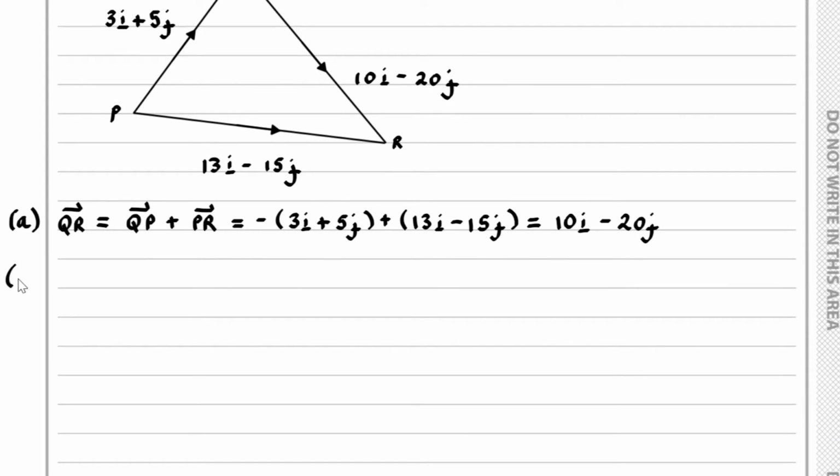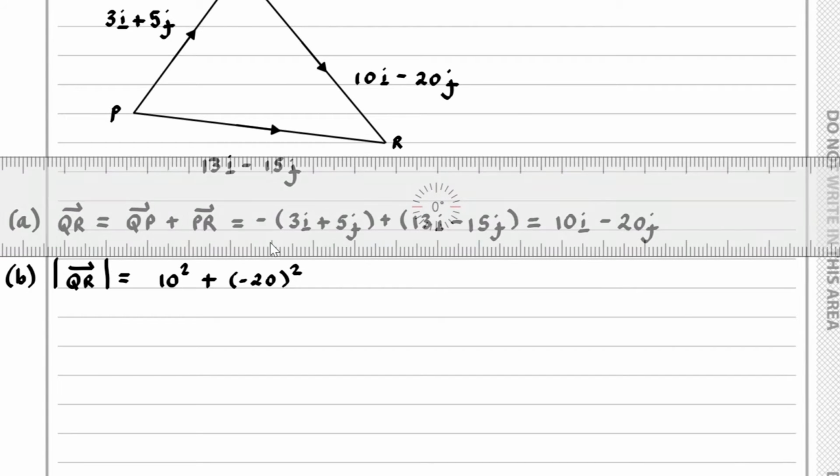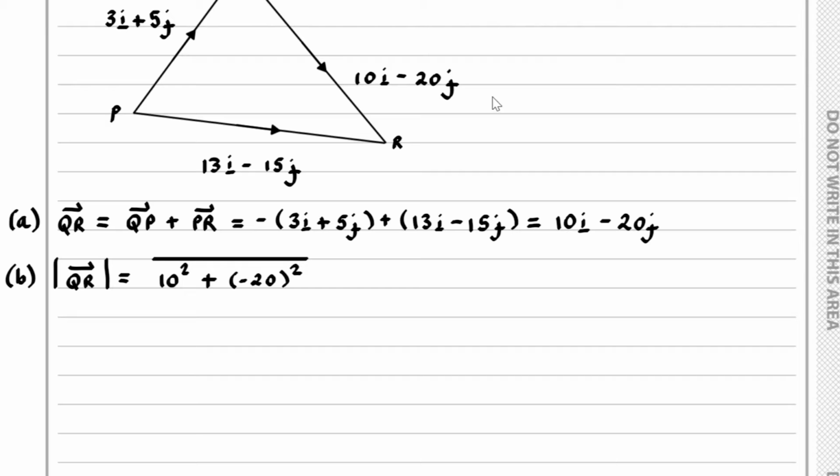So for part B, we need to find the magnitude of QR, and if we work out the magnitude of QR, we have 10 squared plus negative 20 squared, and then this is square rooted.